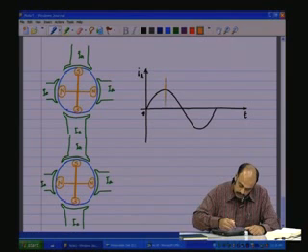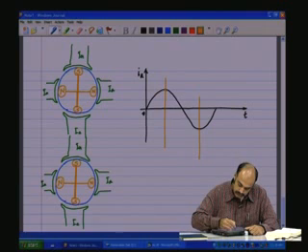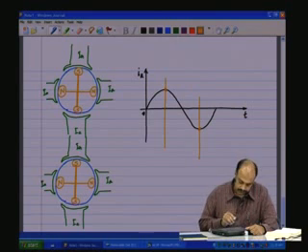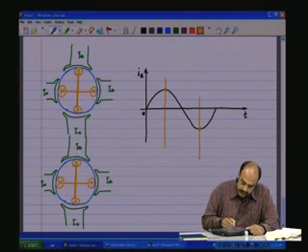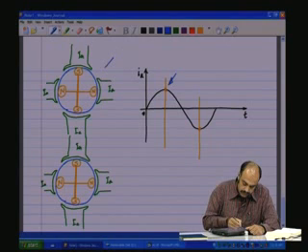That is, one point is the positive max and the other is the negative max. So what is happening? Now let us say at this point, IA is positive max. Let us say this is the position. IA is positive max.